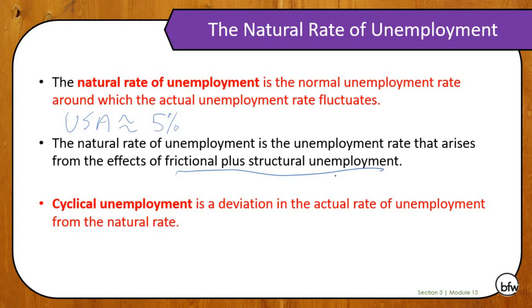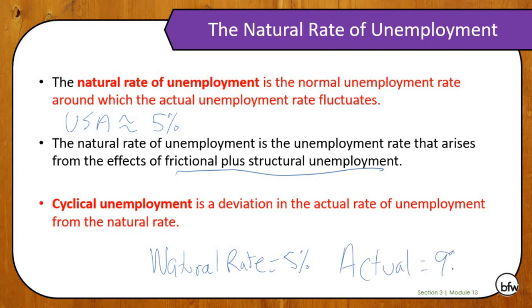Cyclical unemployment is a deviation in the actual rate from the natural rate. So let's say that the natural rate is 5%, but the actual unemployment rate is 9%.